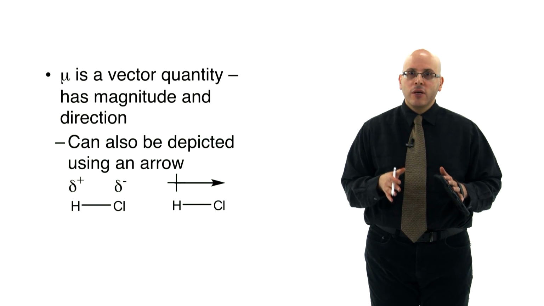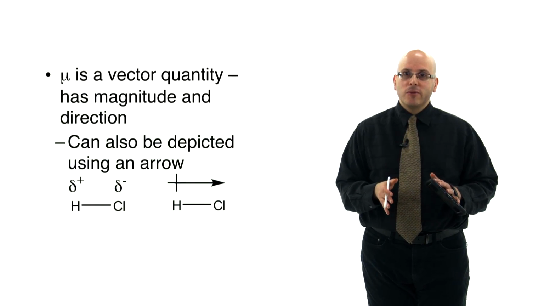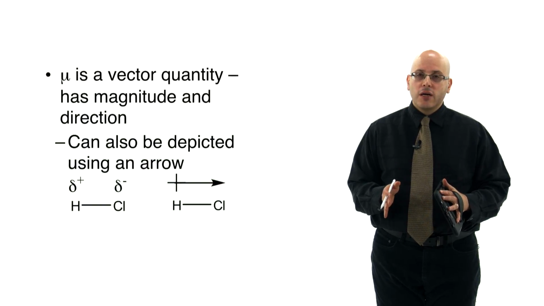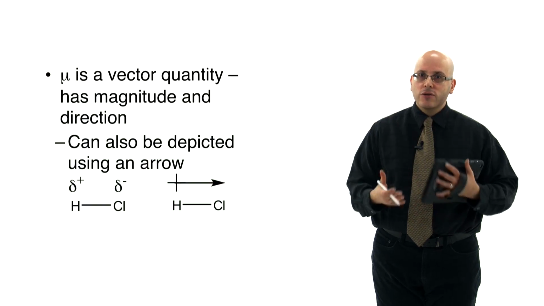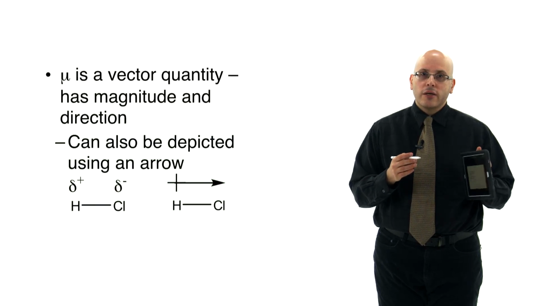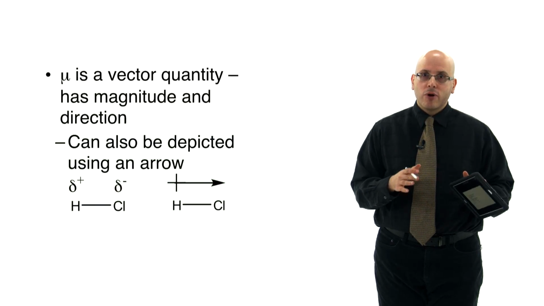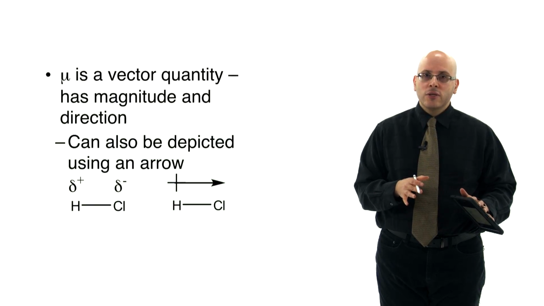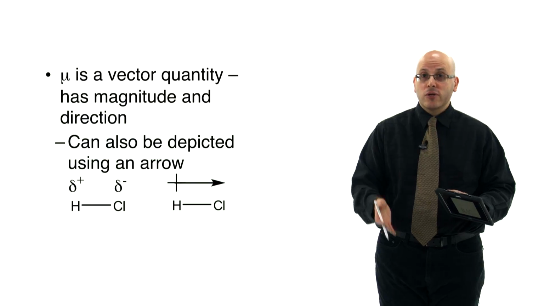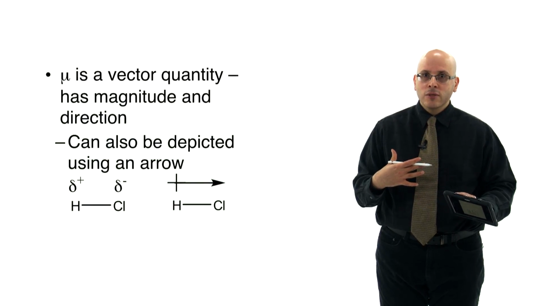For example, if I look at HCl, the bond between hydrogen and chlorine is considered polar. The Cl is a lot more electronegative, wants to gain the electrons a lot more than the hydrogen does. So I can write this two ways. I could have delta plus, a partial positive charge, on the hydrogen, and delta minus, a partial negative charge, on the chlorine, because it's more electronegative and wants to gain those electrons.